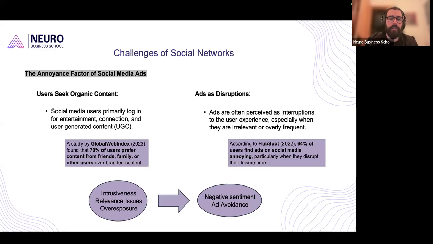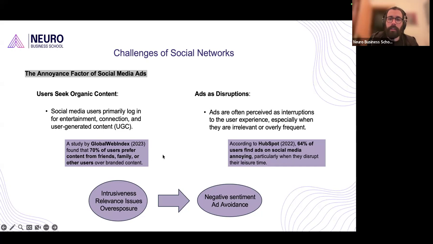Social media users primarily log in for entertainment, connection, and user-generated content. That's the thing. So yes, a study made by Global Web Index shows that 70% of users prefer this kind of content. That's a lot. Ads are considered a disruption, an interruption of the content that is considered good.